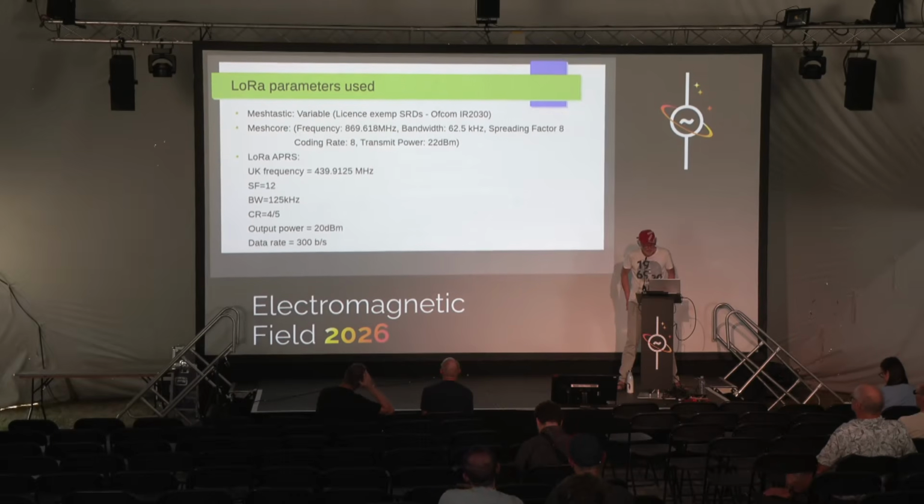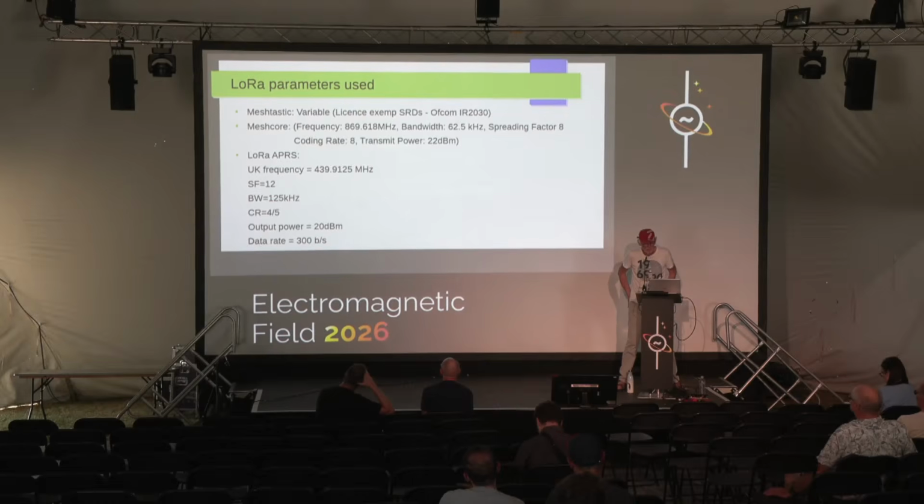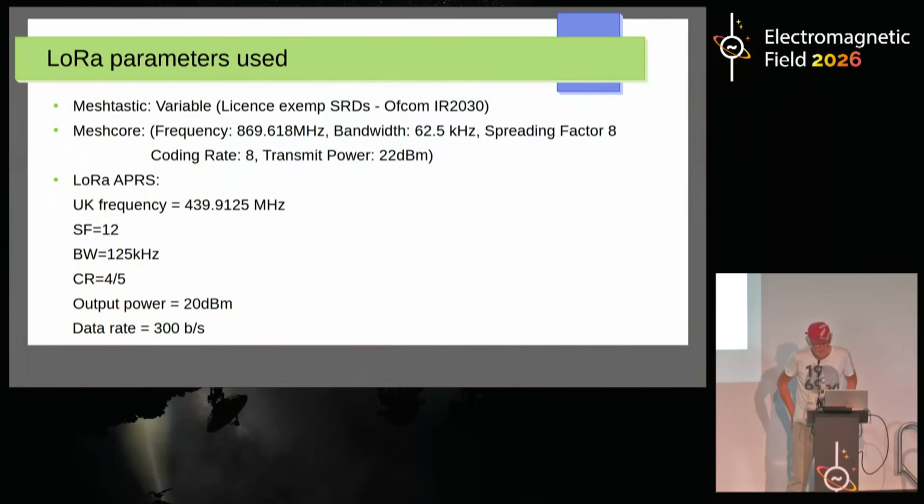It's available on the license-free bands, subject to meeting the Ofcom IR 2030 requirement. I've also used it on 70 centimeters with this equipment, using, I think they call it long fast.